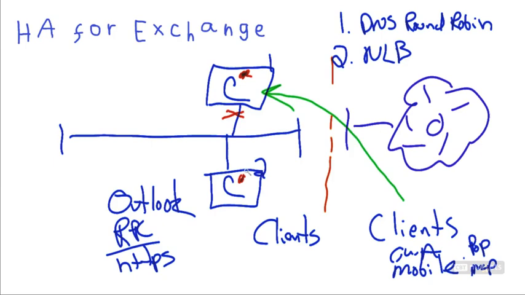Now, a third option, and this is the one that most people are going to use, is some sort of load balancer, and I'll put LB. This is a load balancer that goes in front of your CAS boxes.